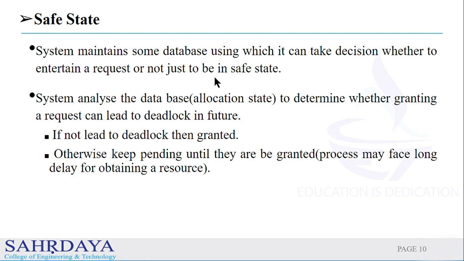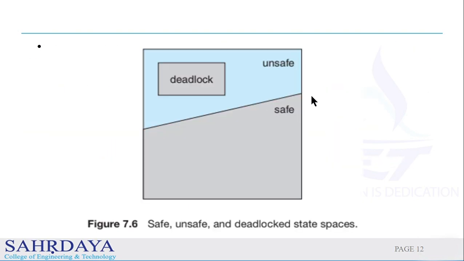Here there are two kinds of state: safe state and unsafe state. See the diagram. This one is the safe state and this one is the unsafe state. In the unsafe state, we may have deadlock.